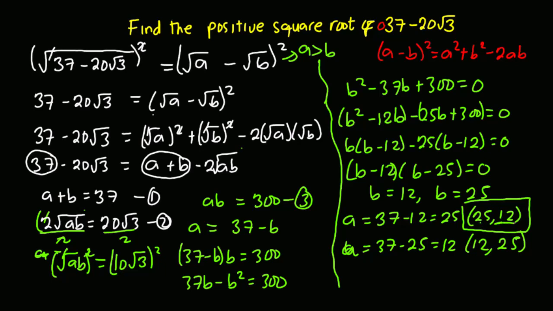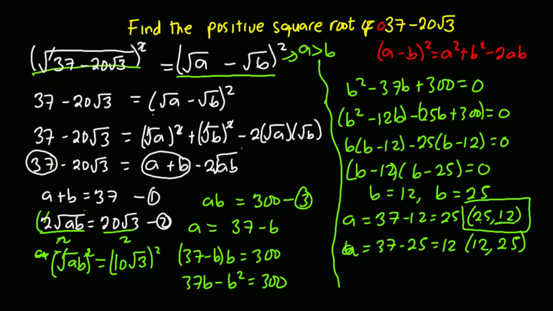Now we can go ahead and test the values of A and B in the general equation. This will give us square root of 25 minus square root of 12 all squared, and upon that you realize that we'll end up getting the same solution.